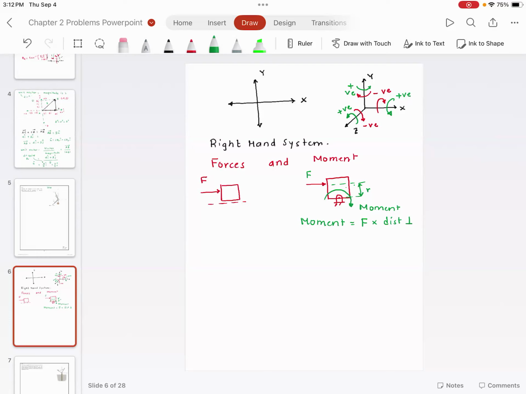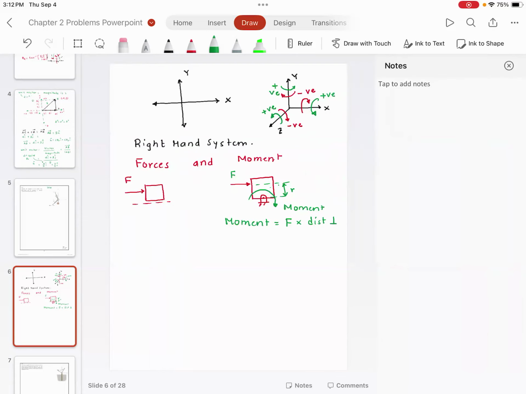Please understand, if the moment is about an axis, that is called the twisting moment or torque. So the bending moment is perpendicular to this pivot point.